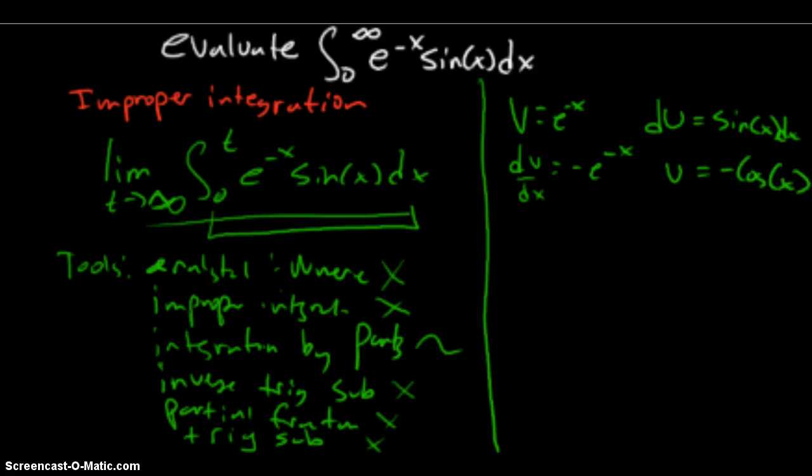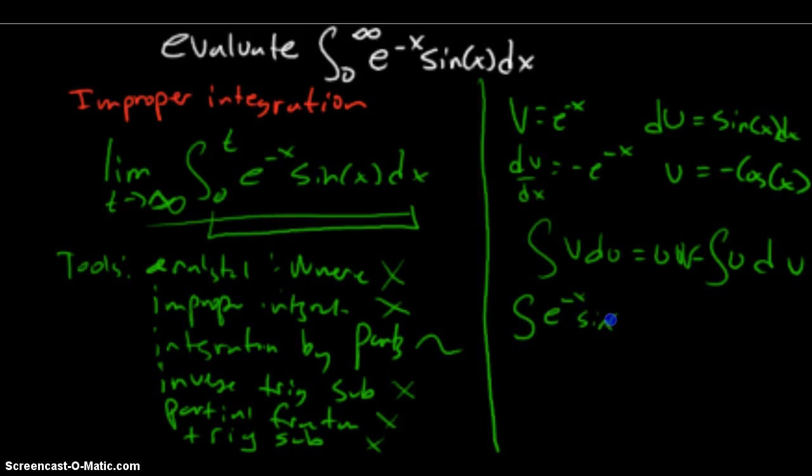Okay, so we set up the integration by parts by the definition, so we get our integral of v du equals uv minus integral of u dv, and that leaves us with our integral where v is e to the minus x, du is sine x dx, and let's not forget about our boundaries.